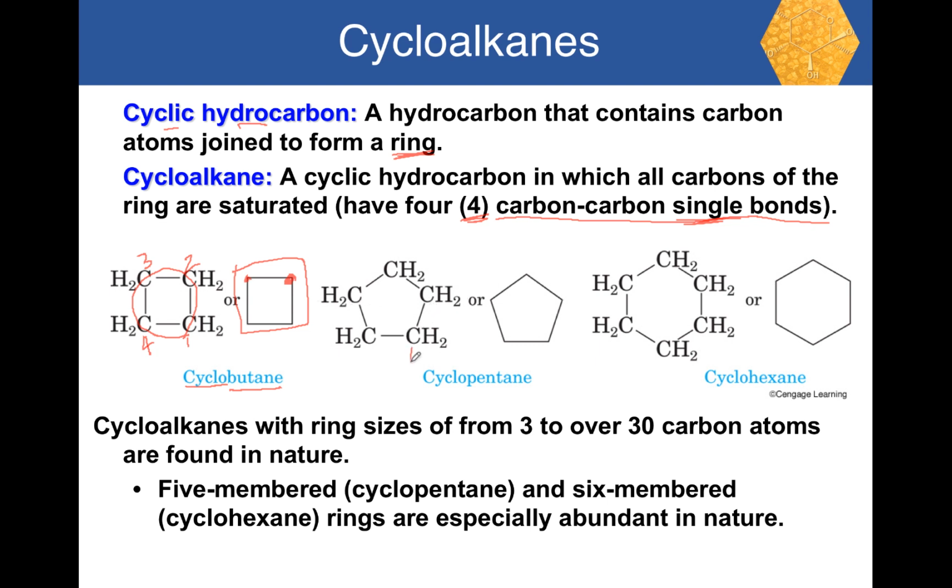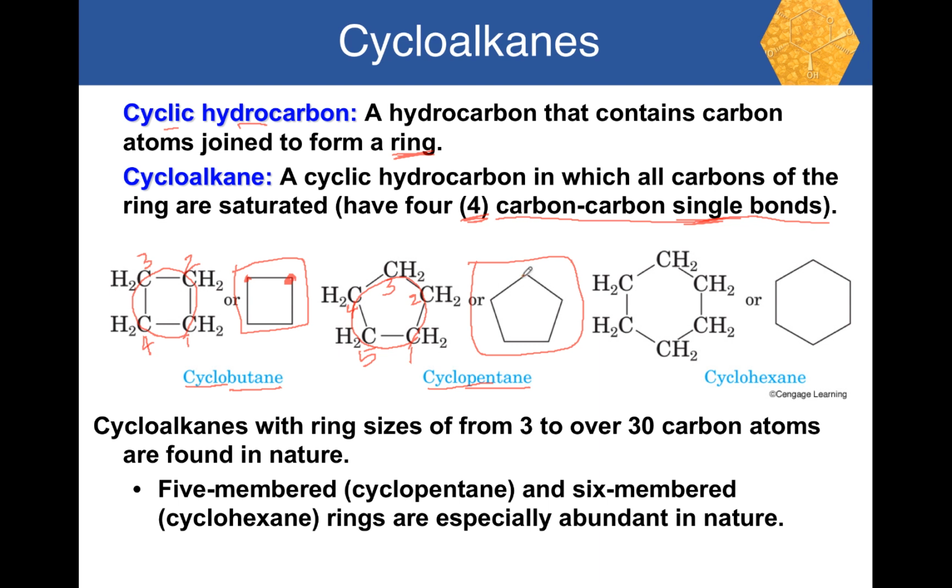Let's look at this one. This has 1, 2, 3, 4, and 5 carbons. Make sure you check the carbons because that determines the name. 5 carbons would be pentane. Since it's in the form of a ring, it's a cyclopentane. Here is another way of drawing this, and that's called the line angle representation.